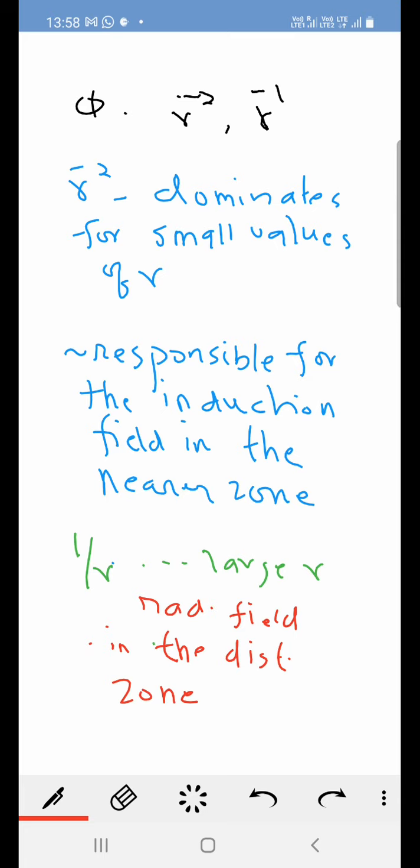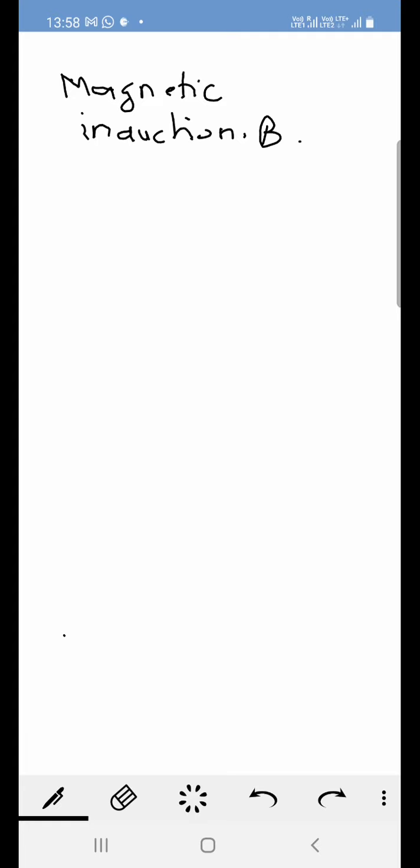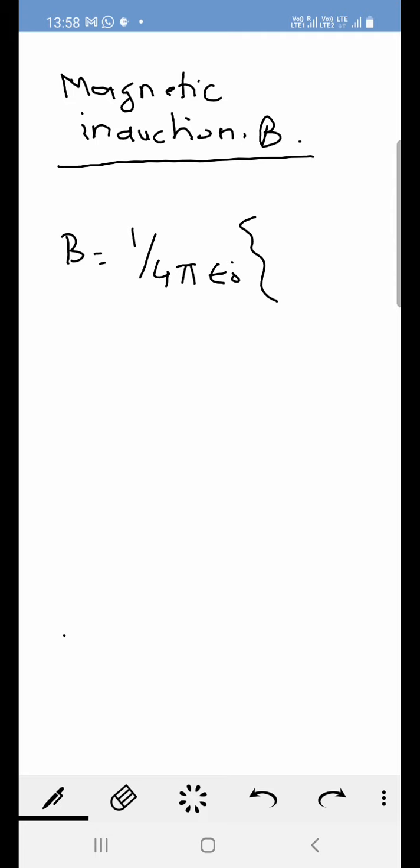Now, the magnetic induction in the case of an oscillating dipole can be written as B is equal to 1 by 4 pi epsilon 0 into, again there are two terms.